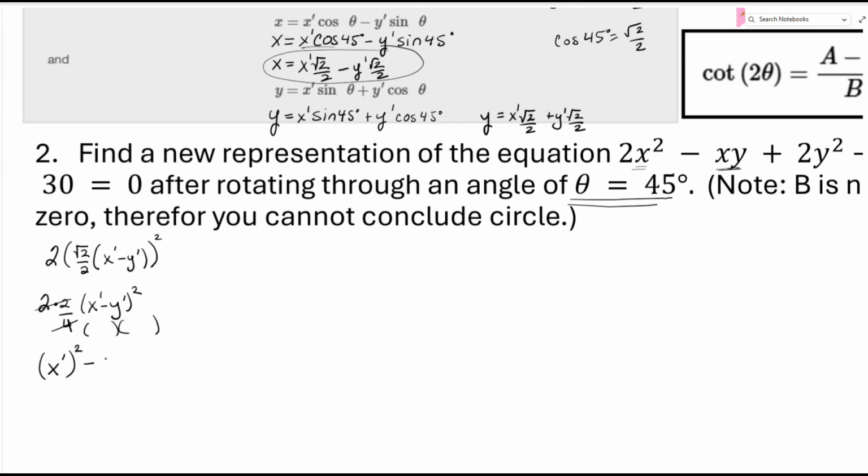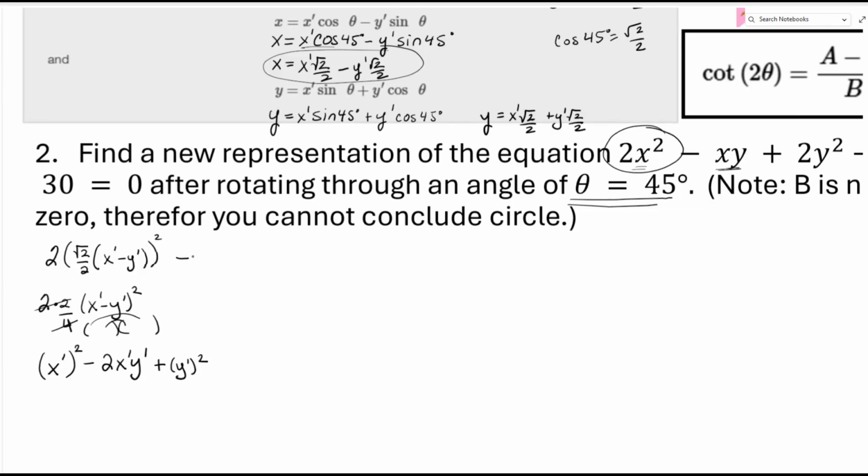I'll have a minus 2 x prime y prime. Because when you do your outer and your inner, you're going to get the same thing twice there. And then at the end, I'm going to have a plus y prime squared. That's just the 2x squared.